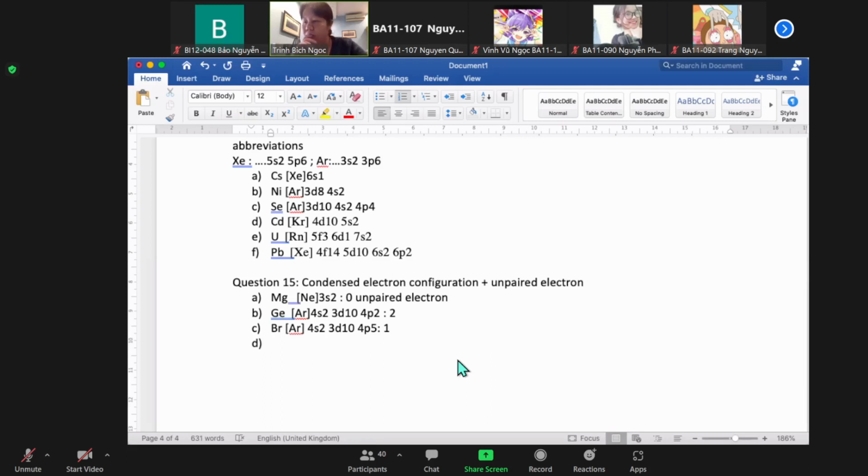D, we will do for vanadium and then we stop, okay? Vanadium, V. So it's always on the Argon also. Again also.